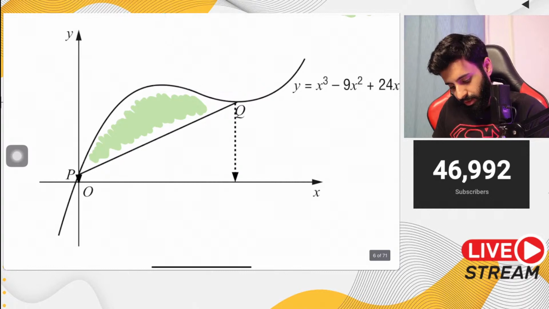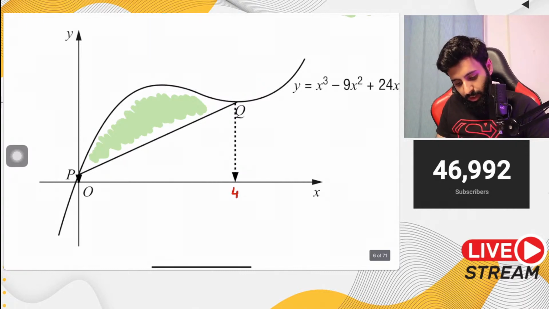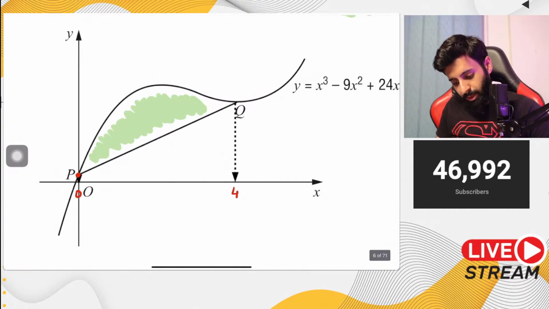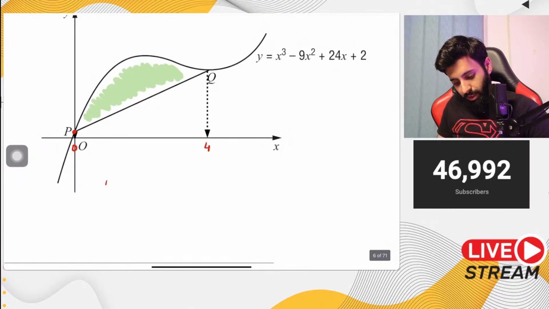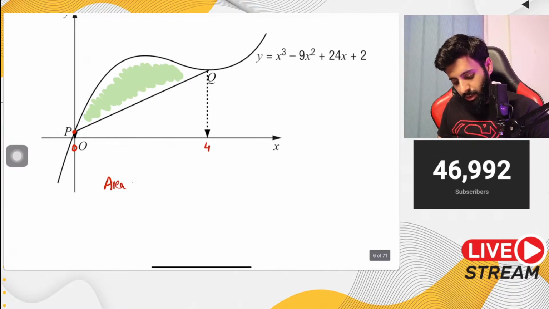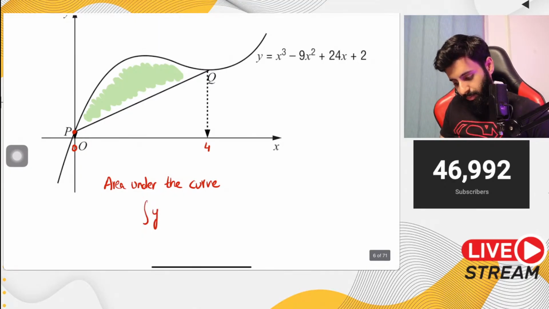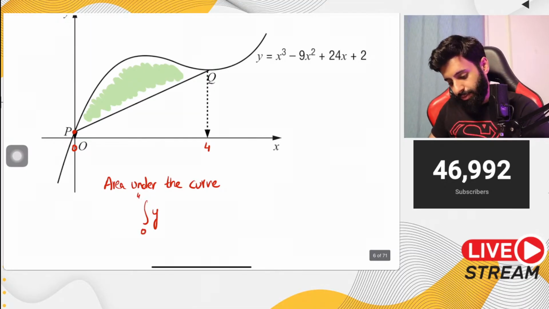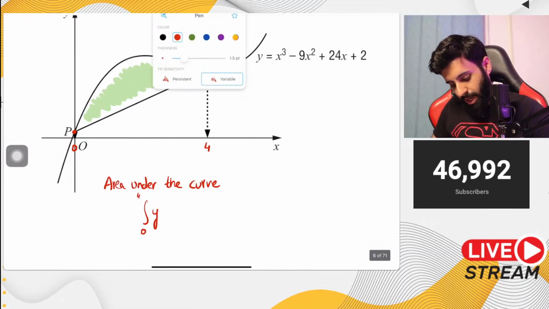Notice that this is 4, we've already worked this out, and this is 0. So first we will have to find the area under the curve, and the limits we're going to use will be 4 and 0.